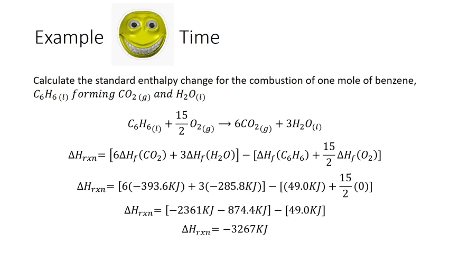And if you think back to the last video, we can say that this particular reaction then is exothermic because we have a negative value for our enthalpy of reaction, meaning that energy is being released.